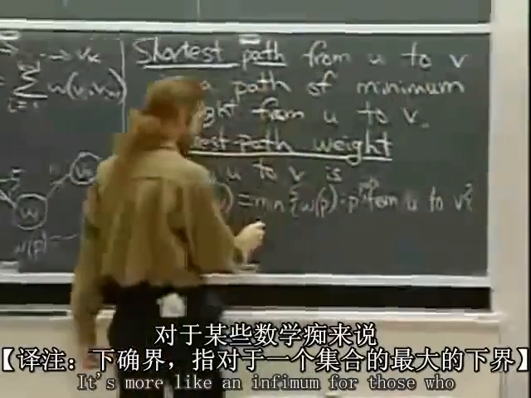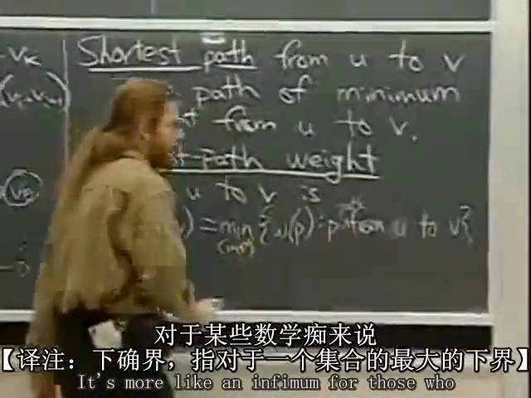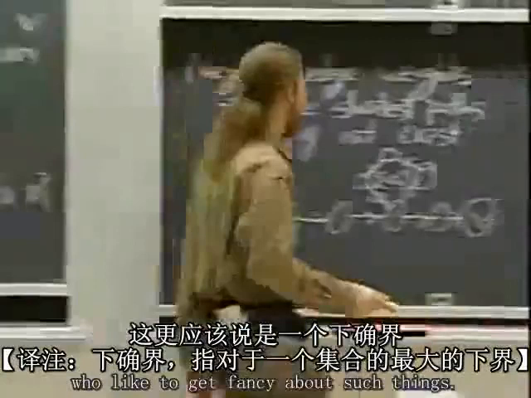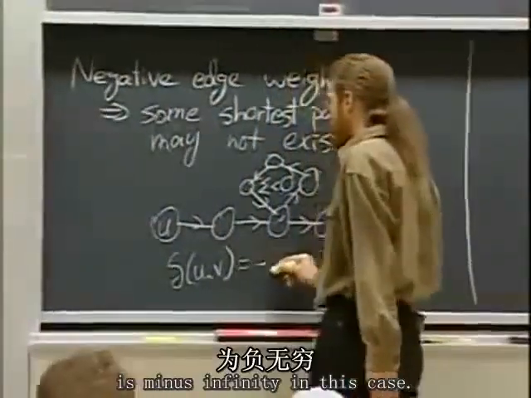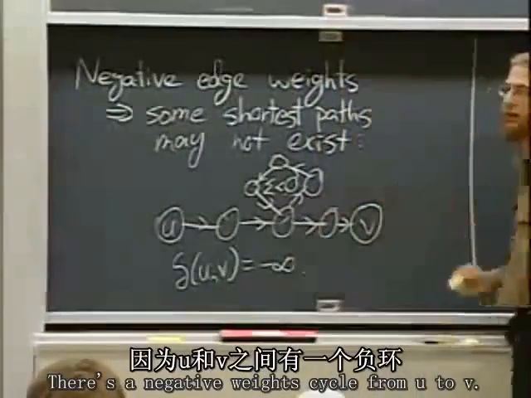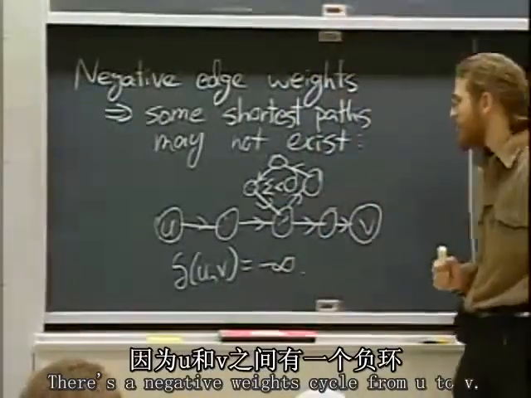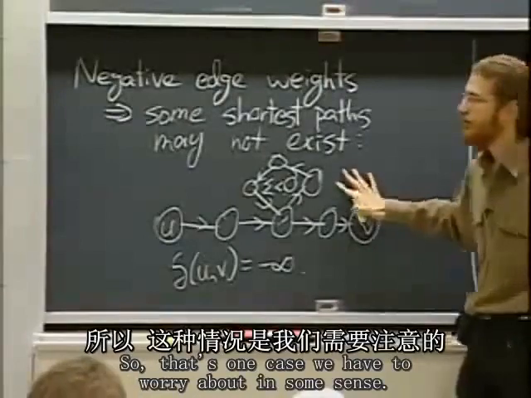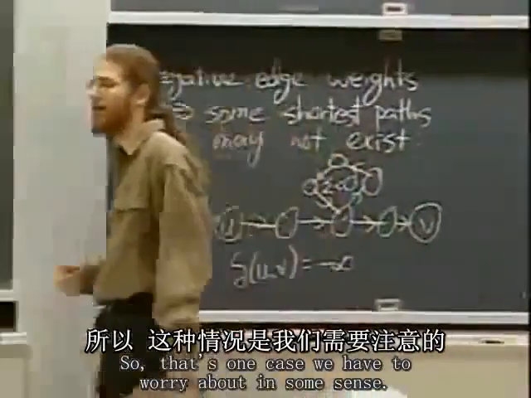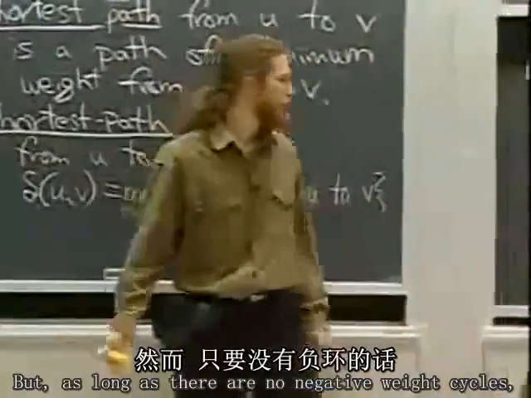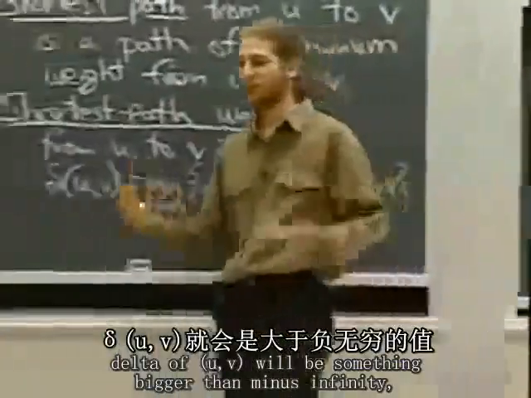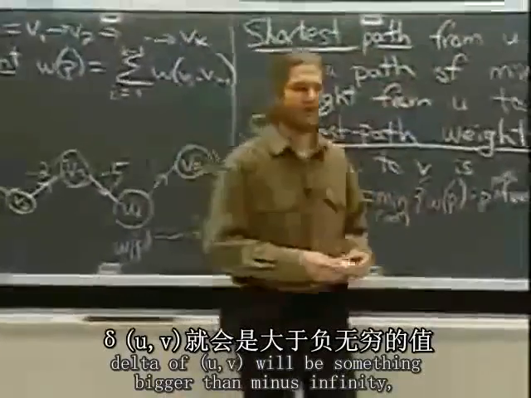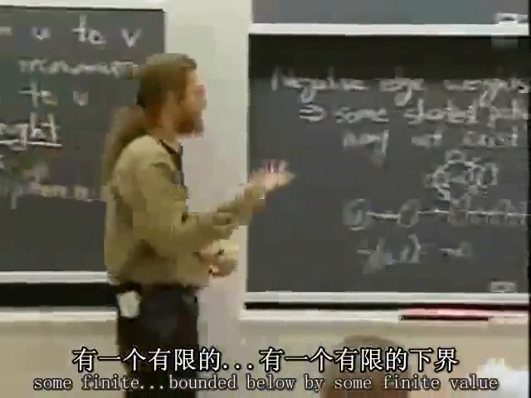It's more like an infimum for those who like to get fancy about such things. But we'll just say that delta of UV is minus infinity in this case. There's a negative weight cycle from U to V. So that's one case we have to worry about. But as long as there are no negative weight cycles, delta of UV will be something bigger than minus infinity, bounded below by some finite value.